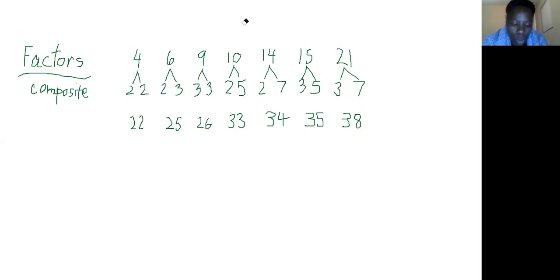Okay, so when it comes to factors, if you have 2 or more factors, it is composite. But if you only have 1 factor, we call it prime. All right, so we have 2 classifications of numbers, composite or prime.